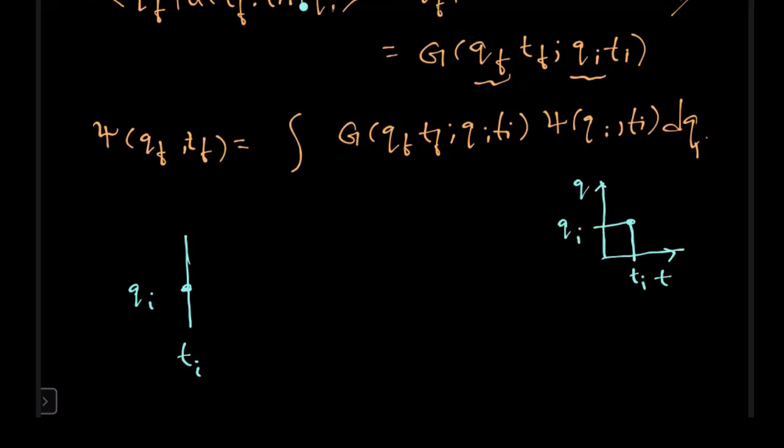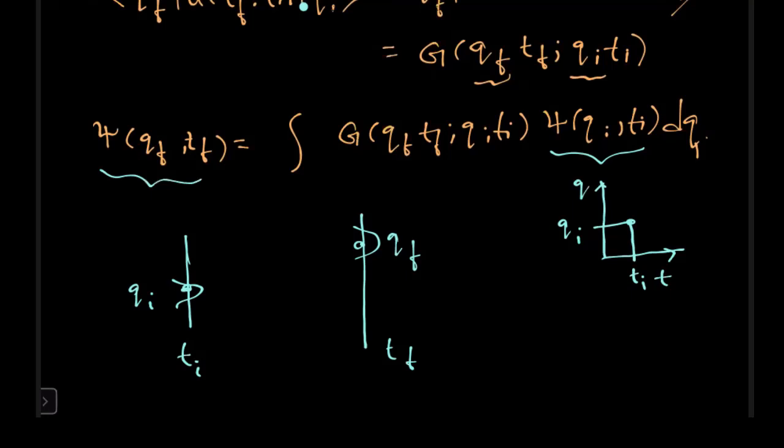Here was my particle, or you can say there was a wave function described at this point. What happens is the wave function travels and reaches some coordinate qf in time tf. So you started with this wave function and you ended with this wave function.